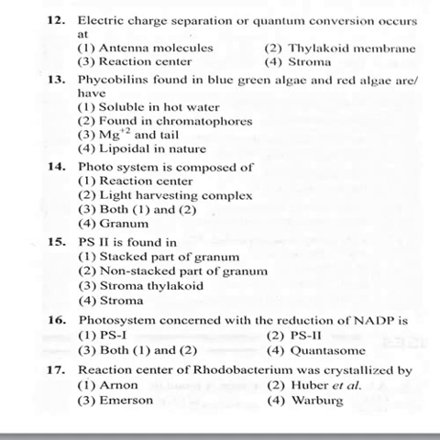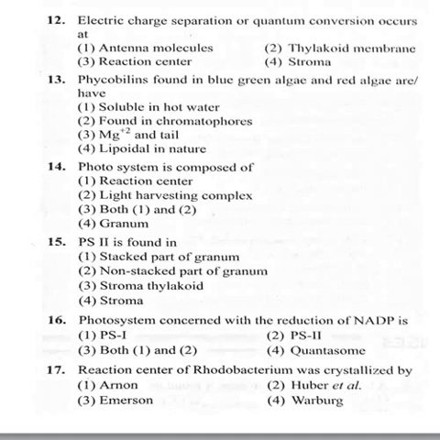So photosystem 2 is found in stroma thylakoid. Photosystem 1 is usually located in the outer membrane of the thylakoid. Photosystem 2 is located in the inner membrane of the thylakoid. So correct option is stroma thylakoid. So 15th question, right option 3.